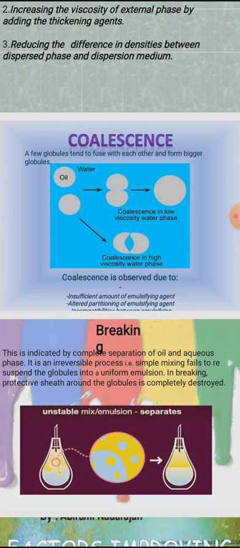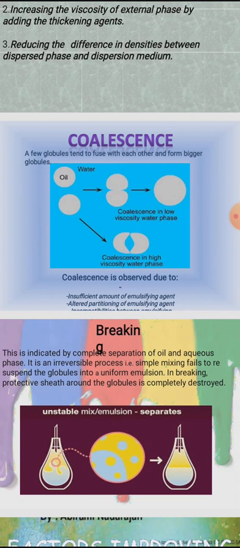But in the case of creaming, the protective sheath is not destroyed. Here it will be destroyed up to a certain extent. This step can be recognized by increased globule size and reduced number of globules. Obviously, if globule size increases, the number of globules will decrease. So coalescence follows the creaming stage.